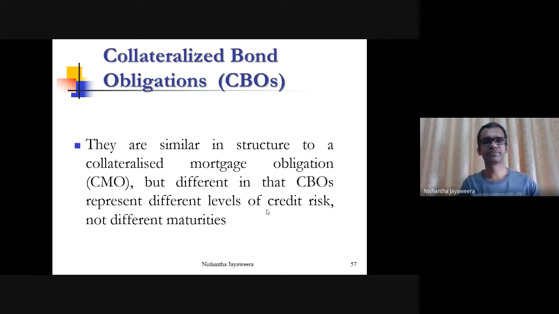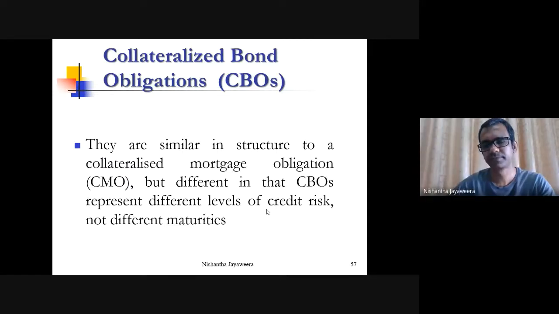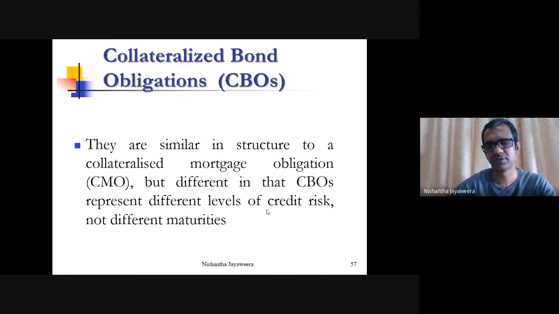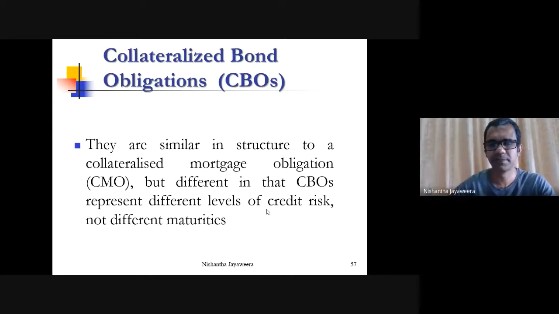Any questions? Mr. Shanta, these are basically the securitized papers that operate in the market, no? Yes, that's why these are securitized products, we call them SPs. So in that example, there are different tranches depending on the risk. Yes.